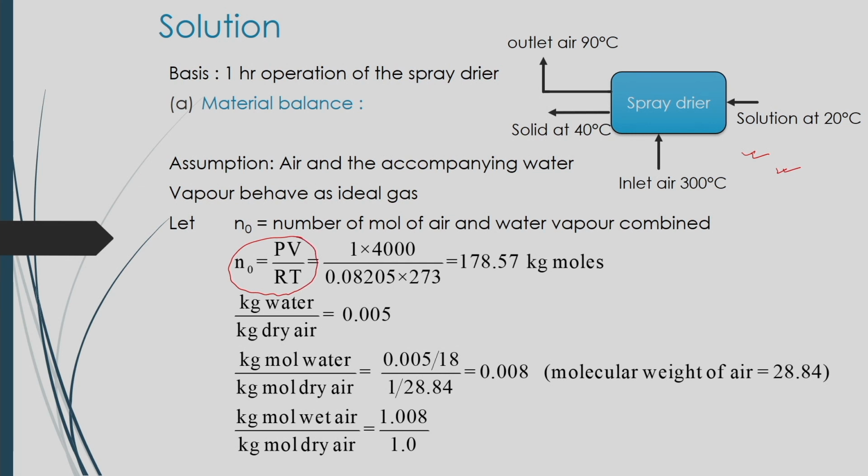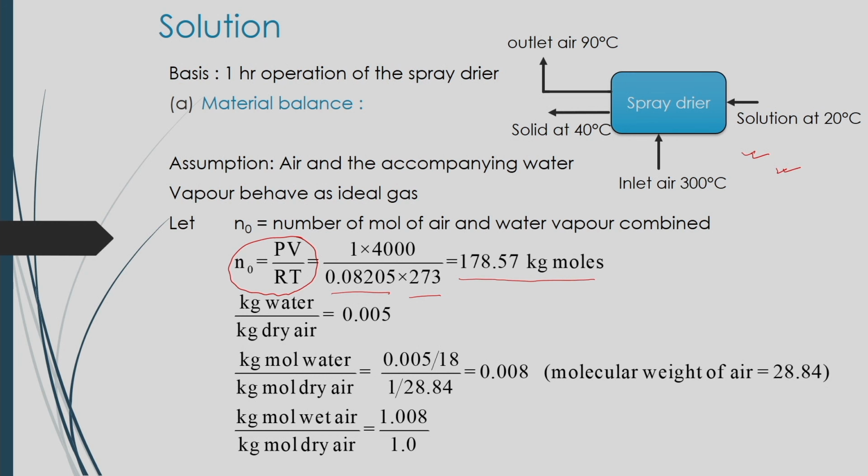If you substitute the pressure and volume, and the R value, that is the universal gas constant, and the temperature at normal temperature, we can say that 178.7, that is 57 kg moles of air and water vapor mixture is coming to the spray dryer.